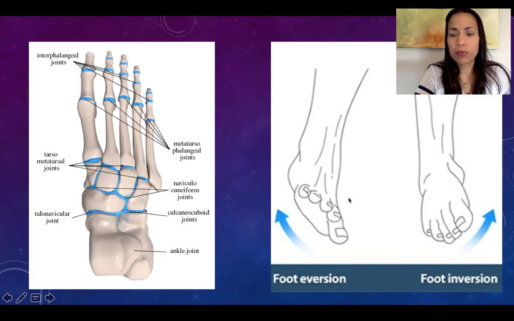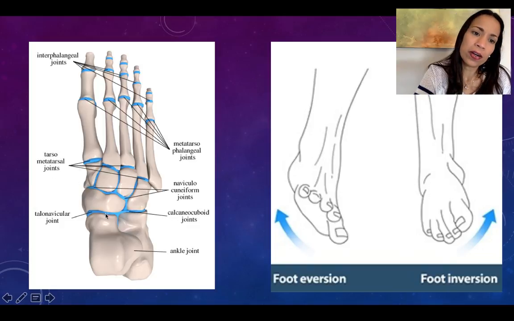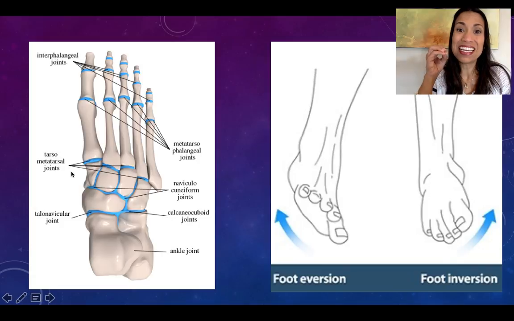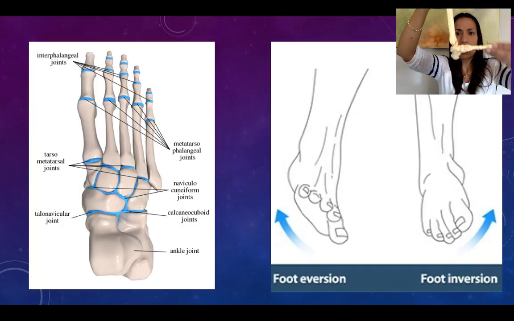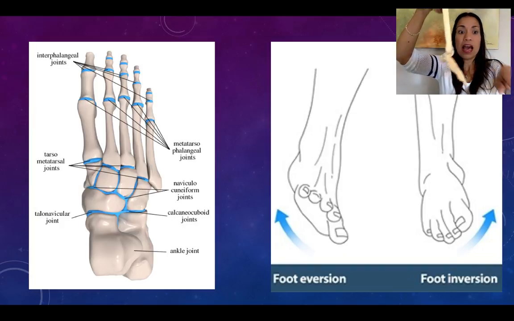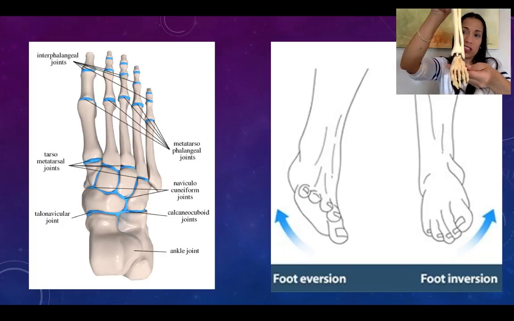So the movements of inversion and eversion of the foot occur at the level of the intertarsal joint, not at the ankle joint. Again, ankle, dorsiflexion, plantar flexion. On the intertarsal bones, this is not a good, I cannot move it.